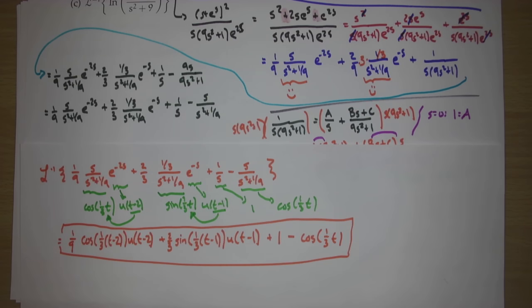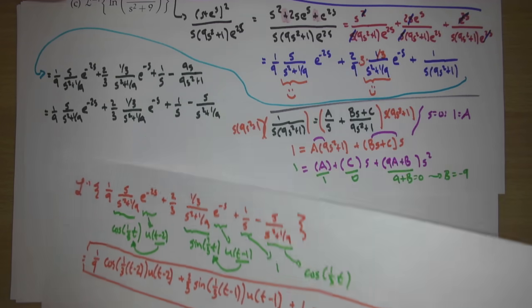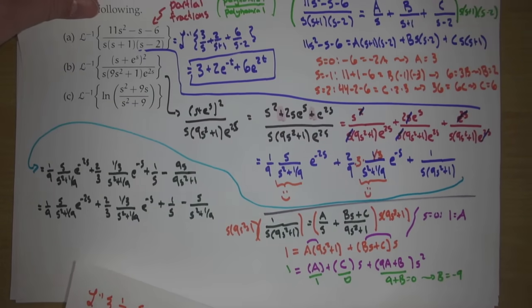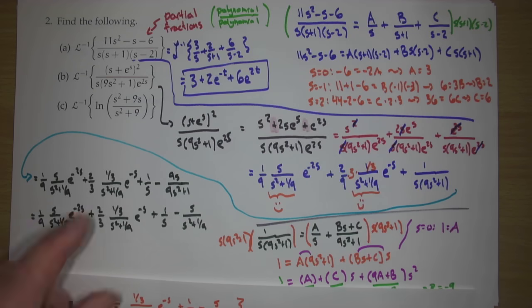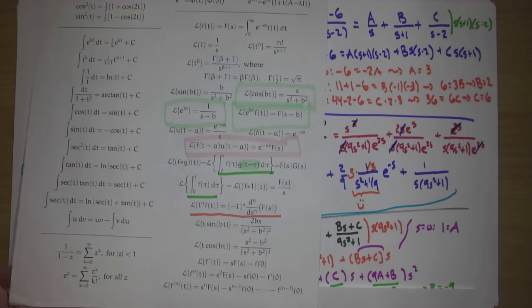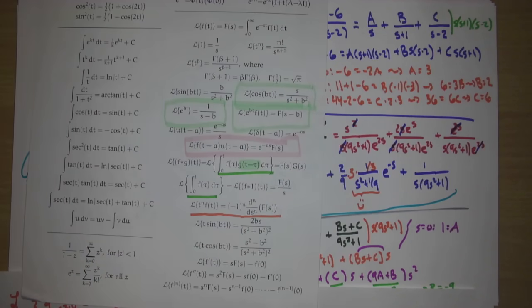All right, part C. Whew. Okay. So, inverse Laplace of log of (s squared plus 9s) over (s squared plus 9). And we look on our formula sheet, and we'll look for a long time, but we will never find anything that says natural log. And so we're like, was that a typo that they asked the question?